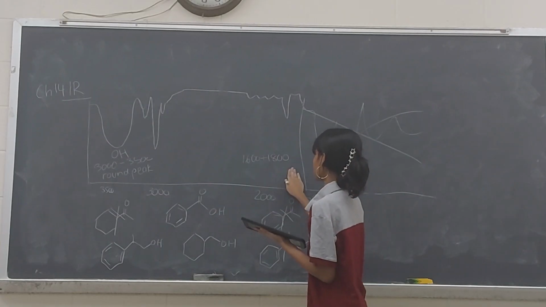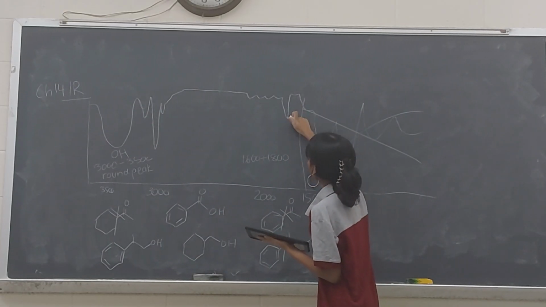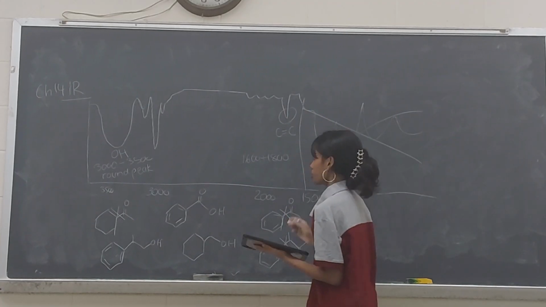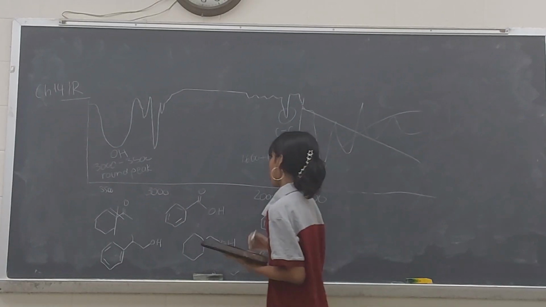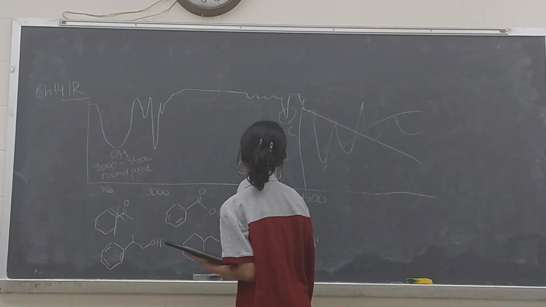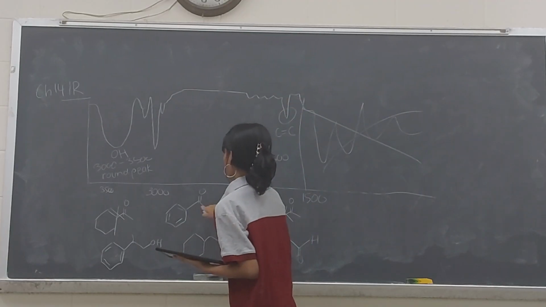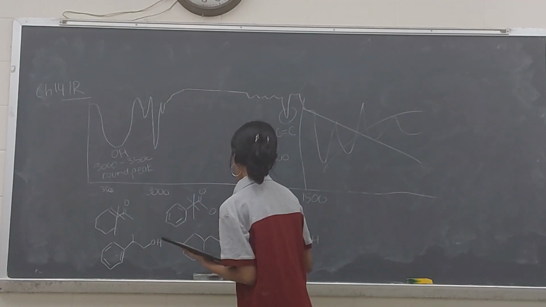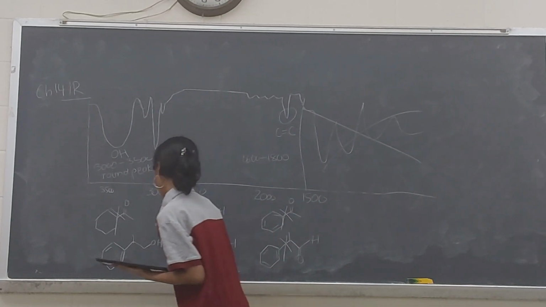But since there isn't, but there is a short peak around 1,600, this is an indicator of a carbon to carbon double bond, so like an alkene compound. But since there isn't a long peak there instead, we can get rid of this one since it has a carbonyl. And then we're left with these two, but since this doesn't have any double bonds, it's this one.